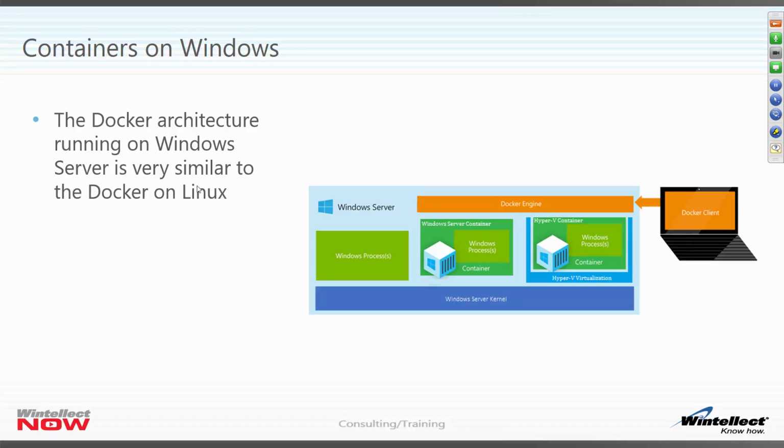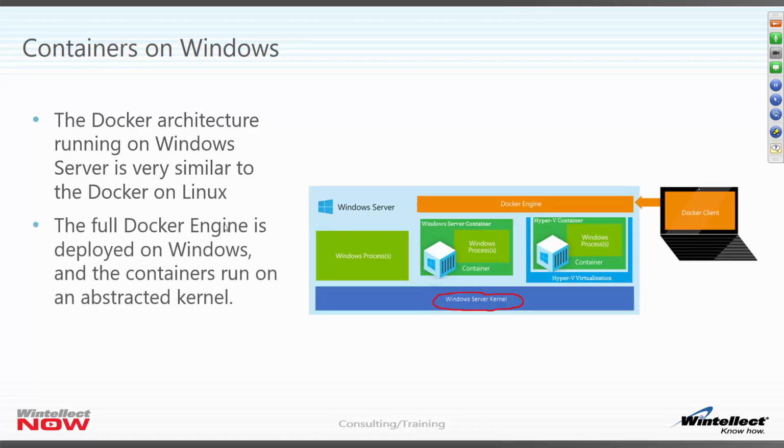The Docker architecture running on Windows is very similar to the architecture running on Linux. You have the Windows kernel underneath, and that could be very low level in the kernel space, or it can be a little more elevated, depending on the type of container that we're actually running.